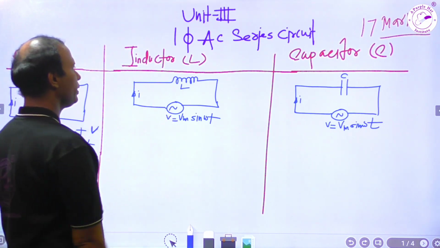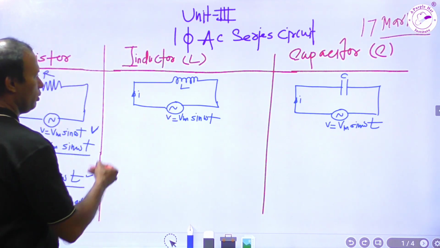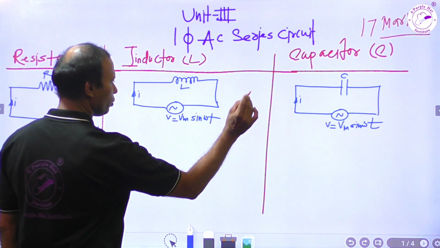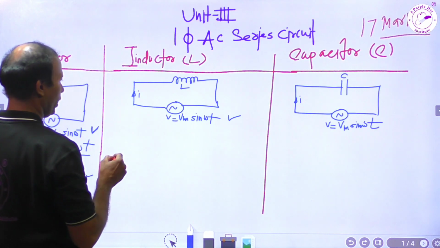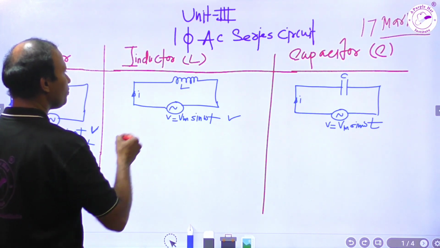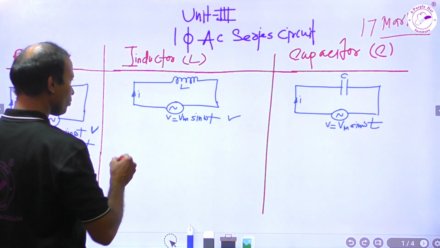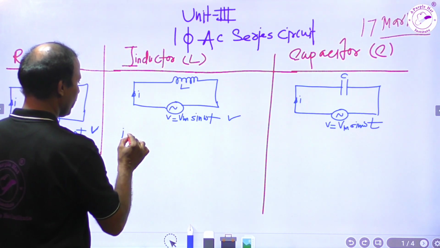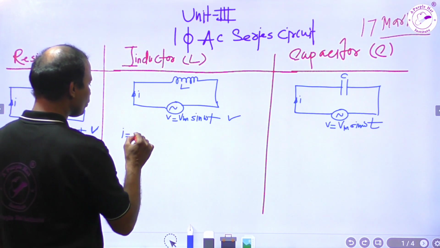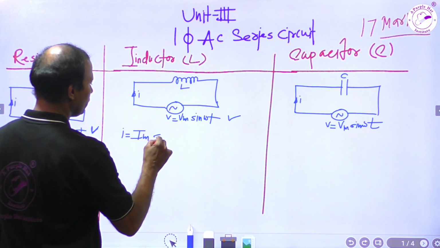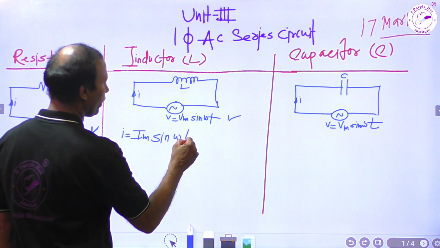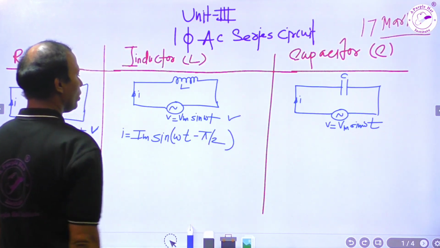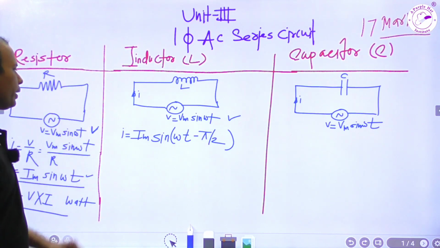Now take an example of an inductive circuit. Voltage is known, and we want to find the current. Basically, when an inductor is connected, the current in the inductor is equal to Im sin omega t minus pi by 2. This is the instantaneous value of the current taken by the inductor.